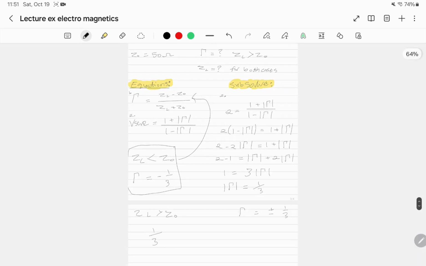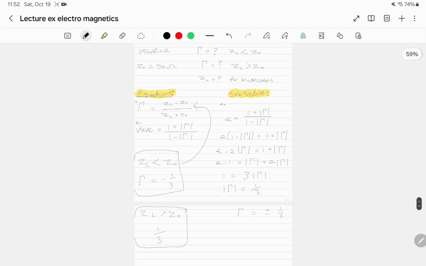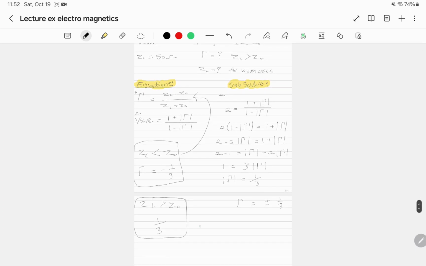So knowing this, we can solve for ZL. Now I'm going to go back to my reflection coefficient equation, which was R is equal to ZL minus Z0 divided by ZL plus Z0.